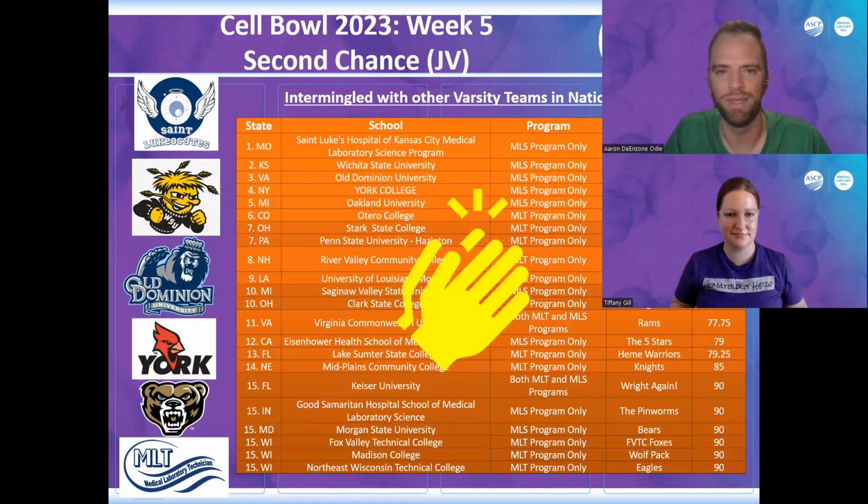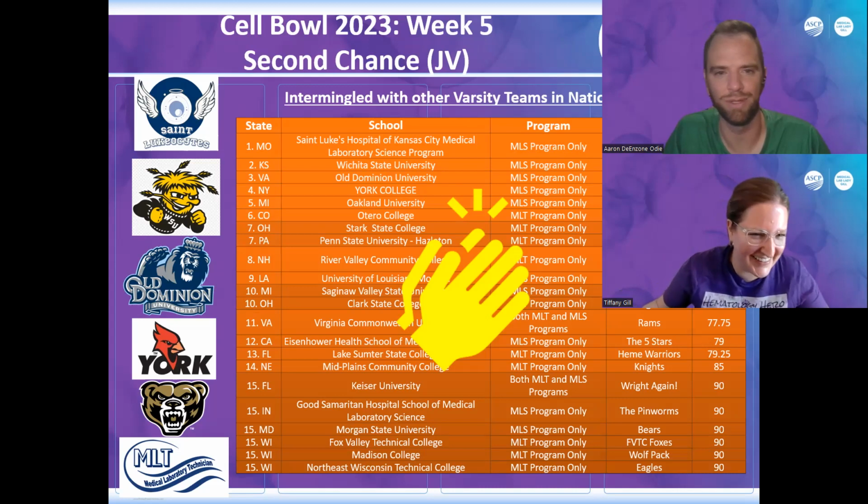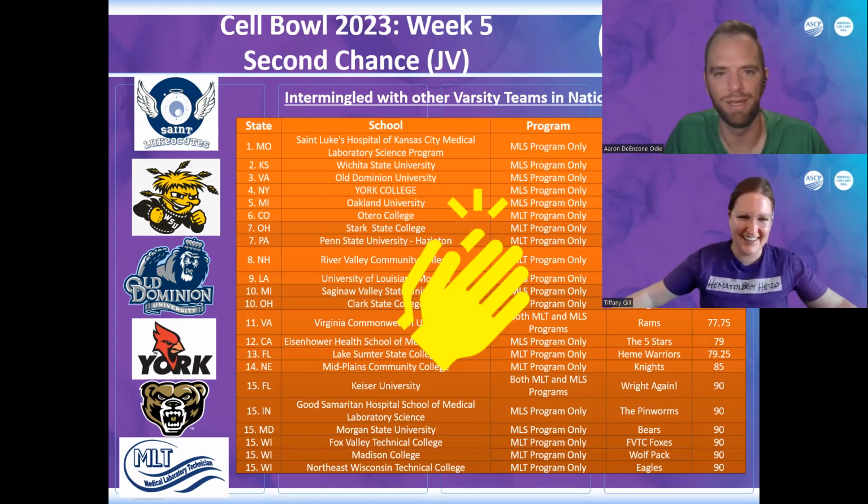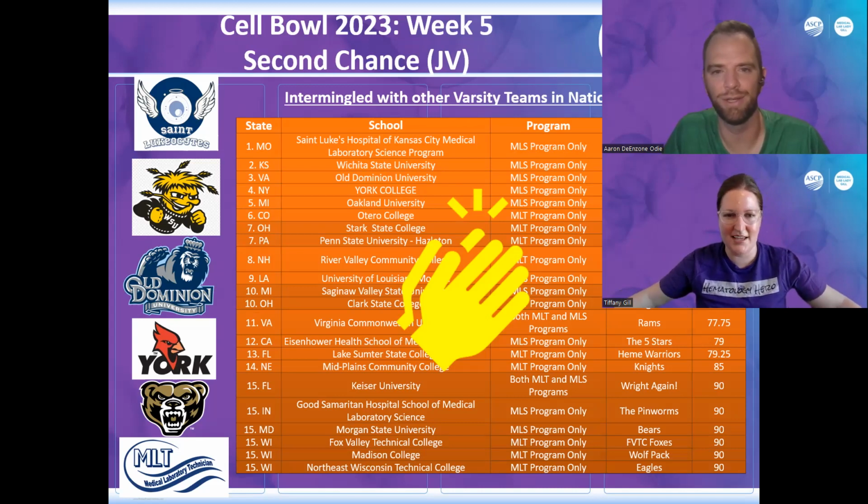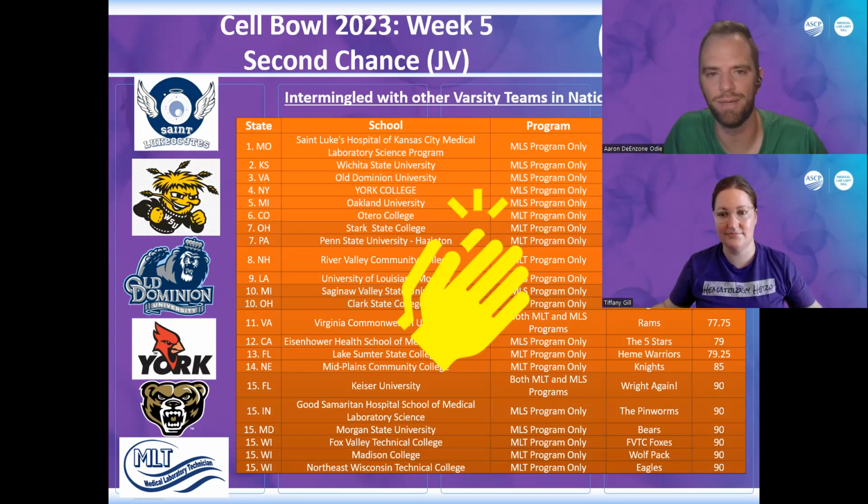Number 9, University of Louisiana Monroe, the Warhawks, still shaking things up at 74.5. At number 10, we have Sanaga Valley State College and Clark State College. These two wonderful lab science training programs are tied at 77.5. That rounds out the top 10.